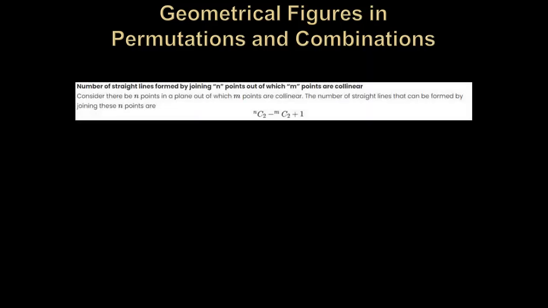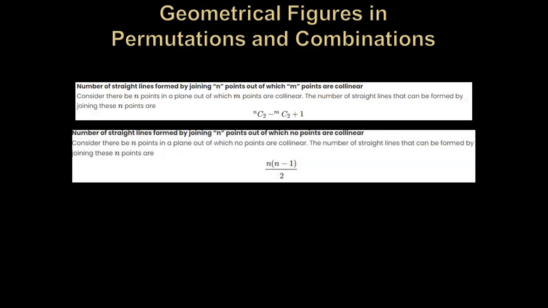We have the fifth one as the number of straight lines formed by joining n points out of which m points are collinear. Consider there are n points in a plane out of which m points are collinear. The number of straight lines that can be formed by joining these n points is n combination of 2 minus m combination of 2 plus 1.